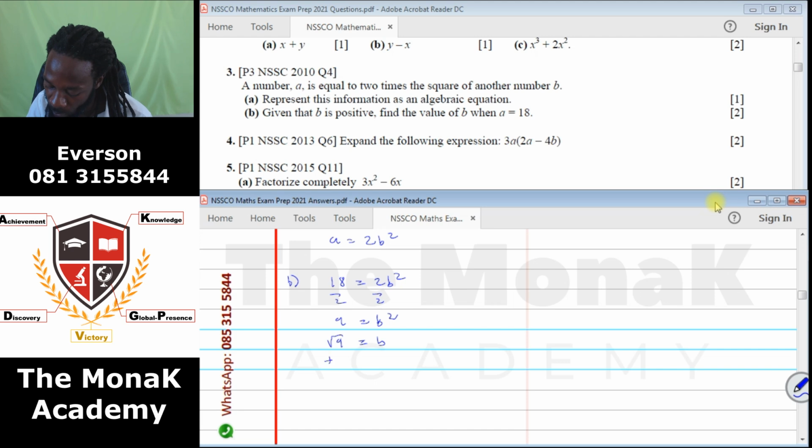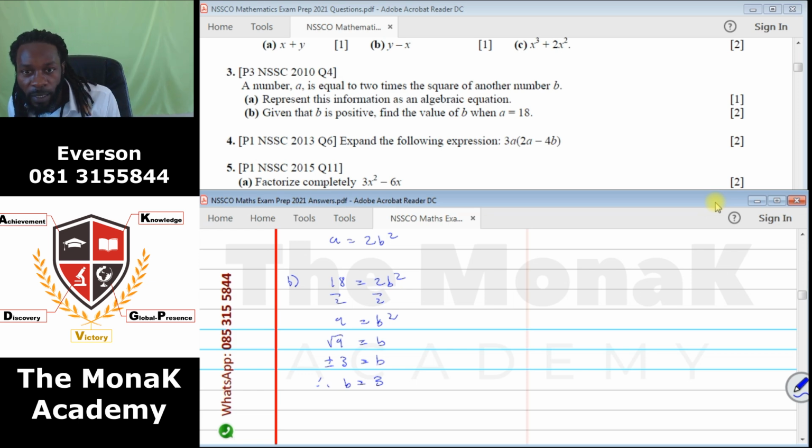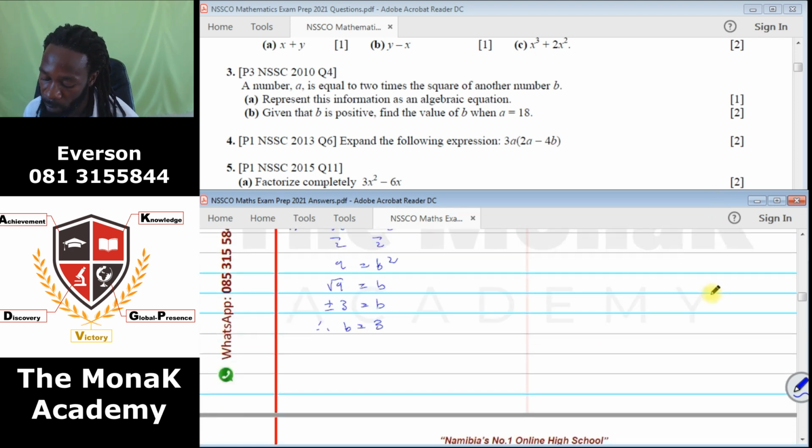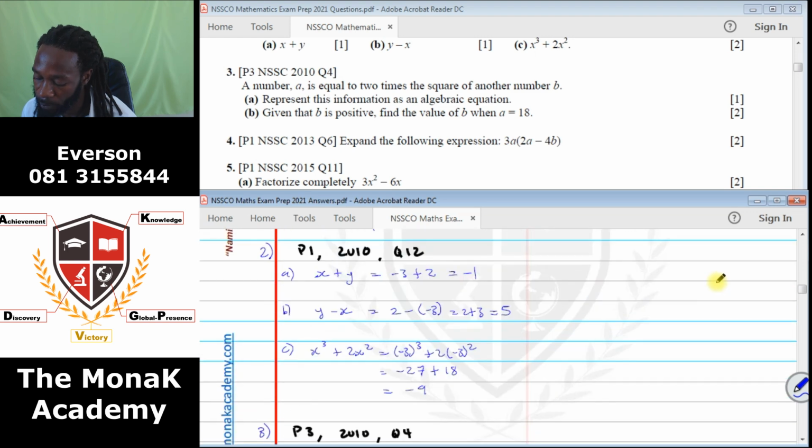So it could be plus or minus 3 equals B. But they said B is positive, so therefore B is only the positive 3, not the negative. If they didn't say that, we would know B could be both negative 3 and positive 3. But since they said restrict to the positive answer, we restrict to the positive answer.